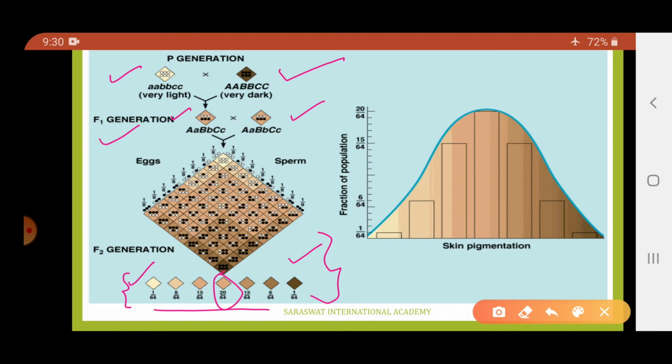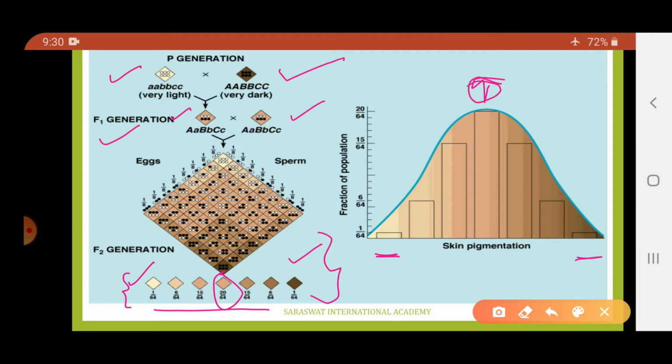So it depends upon the amount of melanin, and the melanin amount depends upon the number of dominant genes. Here you can see this bar graph. This is extremely light, this is extremely dark, and this is the intermediate condition where there are 3 dominant genes and 3 recessive genes.